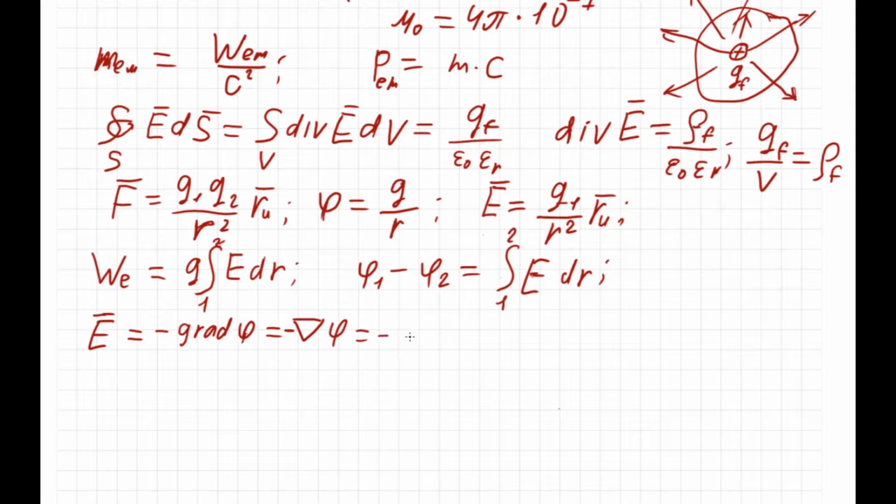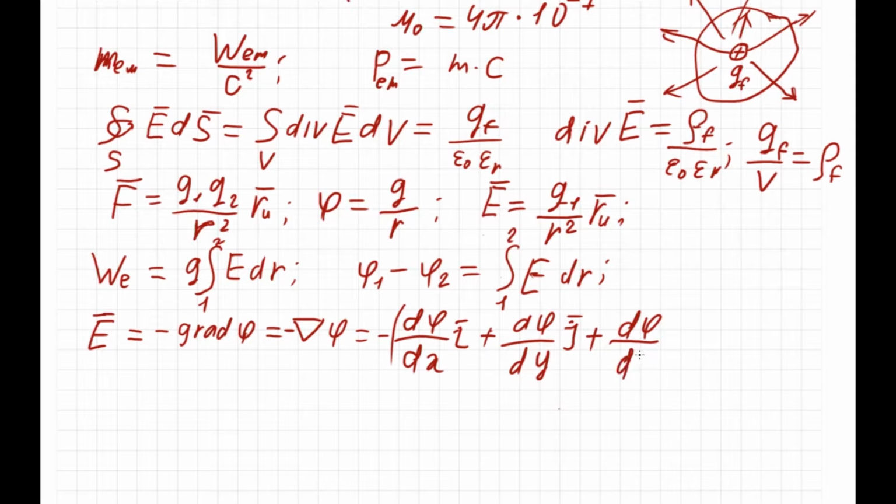This operator nabla we can write as d phi dx by unit vector i plus, in the round brackets, d phi dy by j unit vector plus d phi dz by k unit vector.